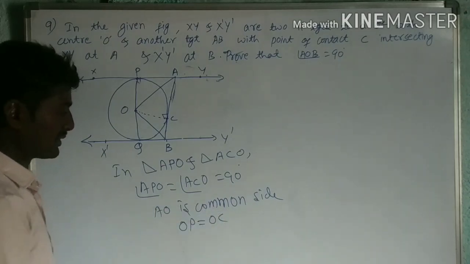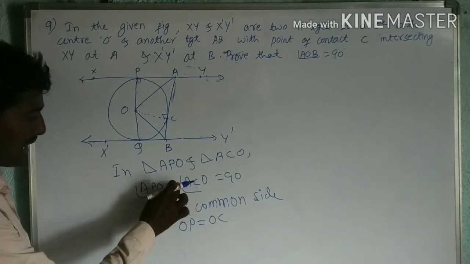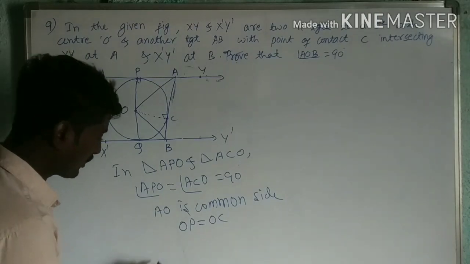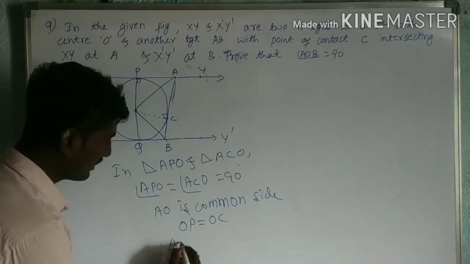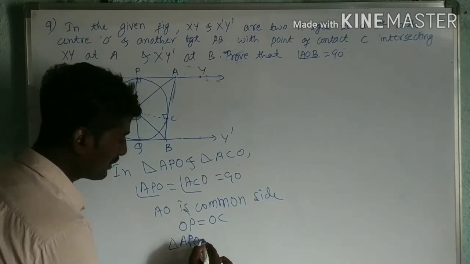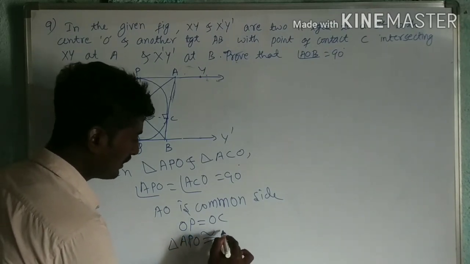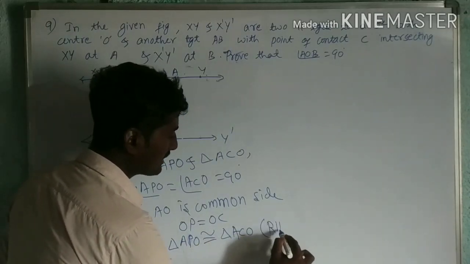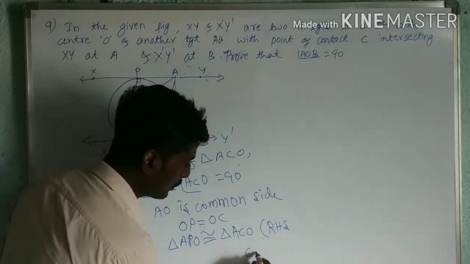Now OP is equal to OC. I got R, H, S. So by using RHS congruency, triangle APO is congruent to triangle ACO by the RHS congruent rule.